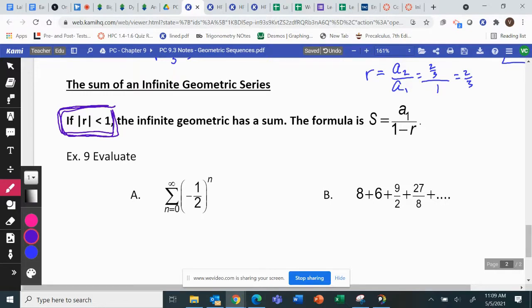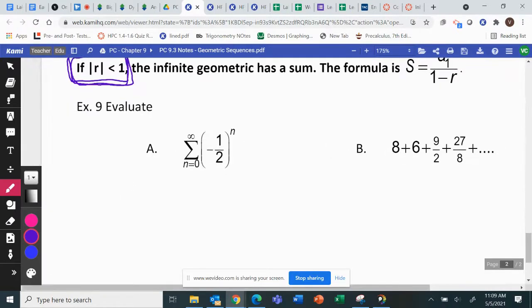If not, we can't find the sum. It would be like infinity. So if the absolute value of the rate is less than 1, we can find the answer. And we have this formula. The sum equals a sub 1 divided by 1 minus R.